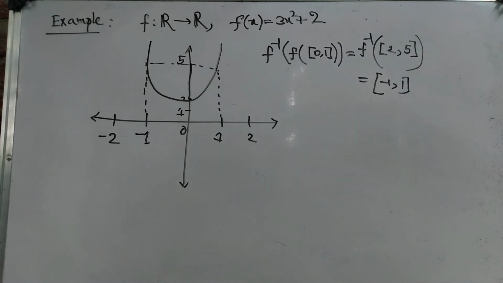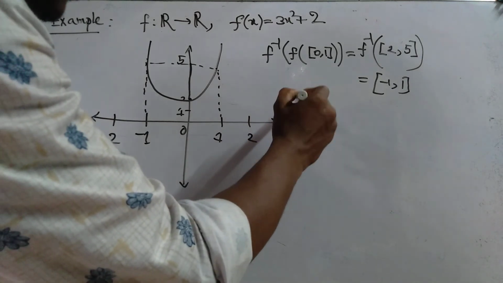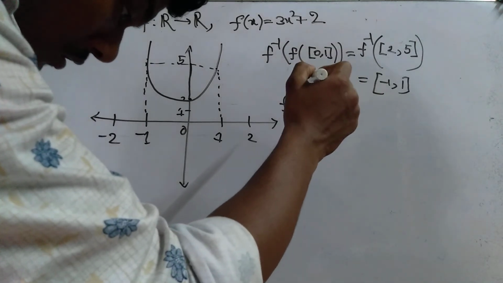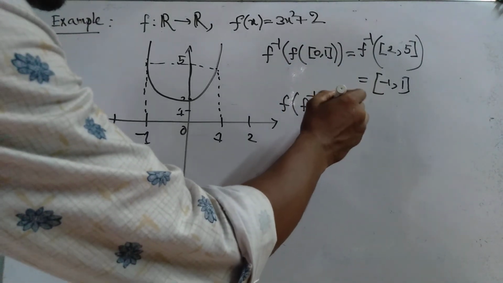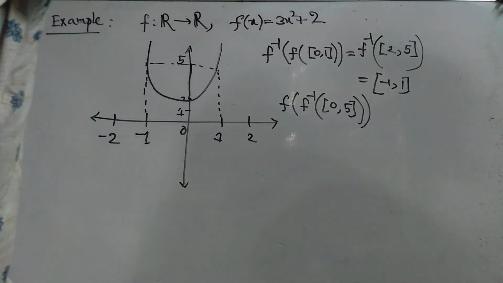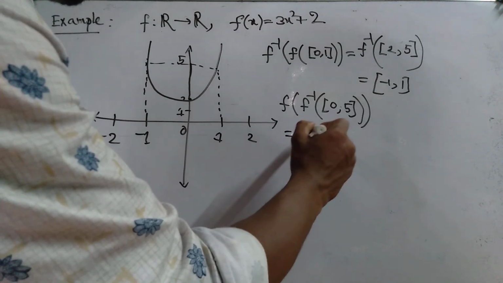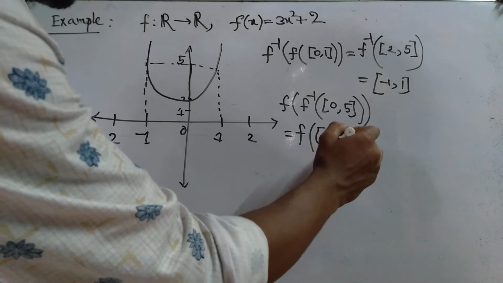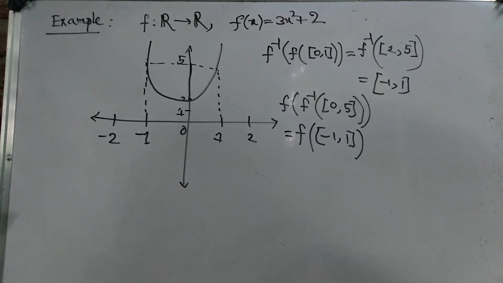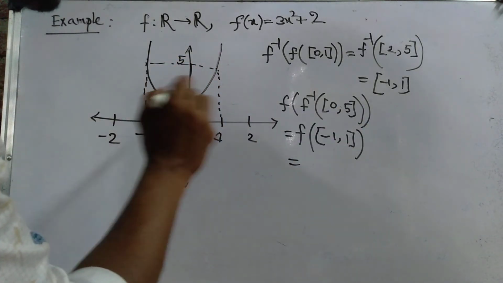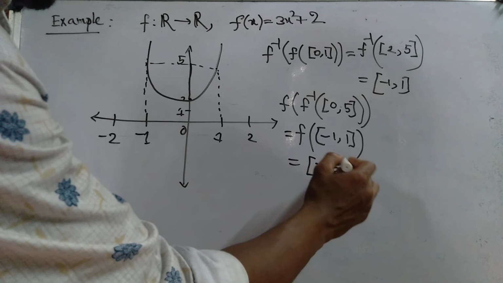Okay, f inverse of [2, 5] equals [-1, 1], and f inverse of [0, 5] equals how much? f inverse of [0, 5] equals [-1, 1], and f of [-1, 1] equals [2, 5].